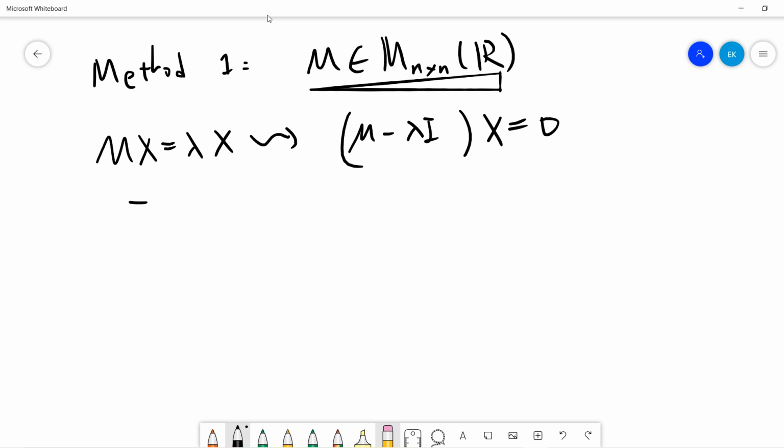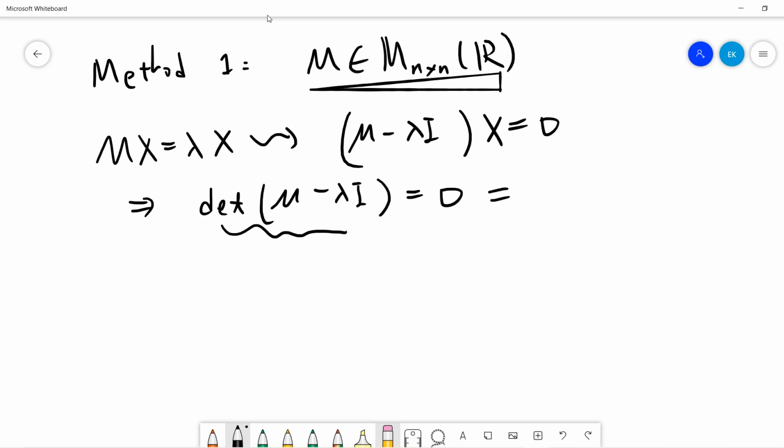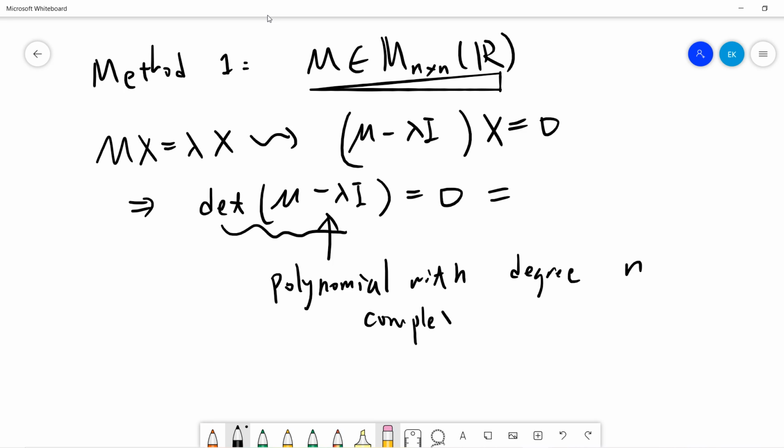It is easy to prove that this implies the determinant of M minus lambda I is 0. The determinant of M minus lambda I will be a polynomial of degree n, in this case with real coefficients.